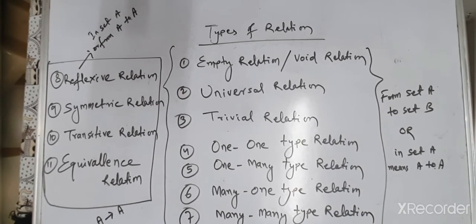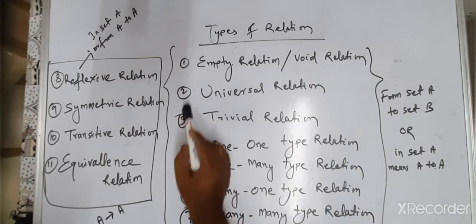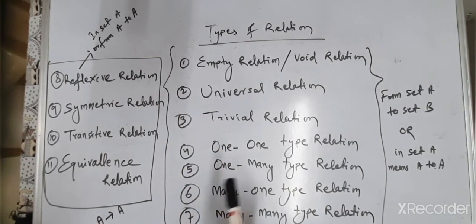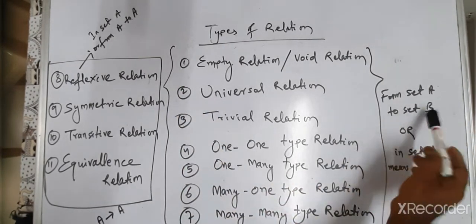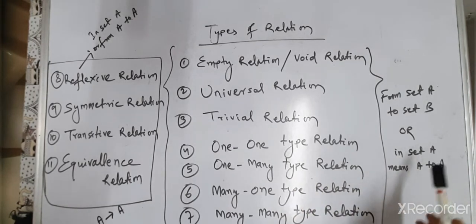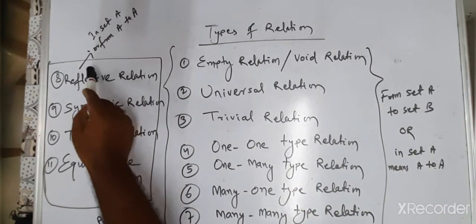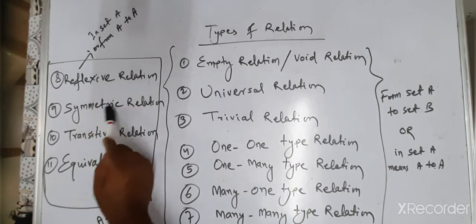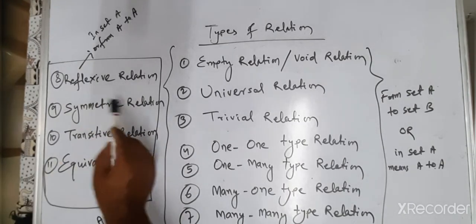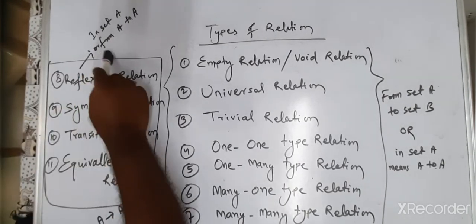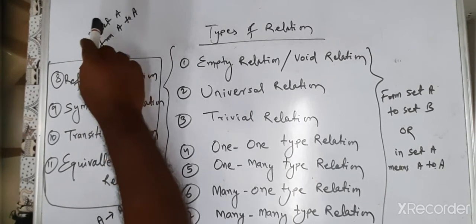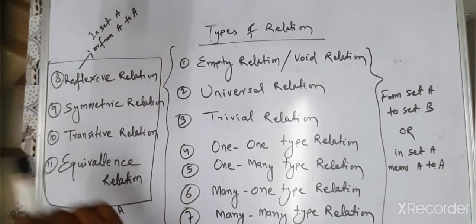Be careful: numbers 1 to 7 are based on from set A to set B or in set A, that means A to A. But these four relations, reflexive, symmetric, transitive and equivalence, are based on a single set, from set A to set A.